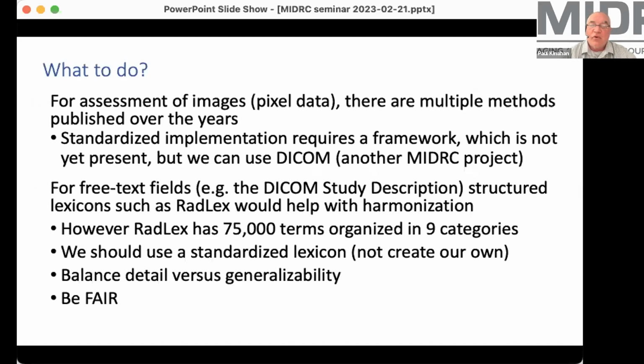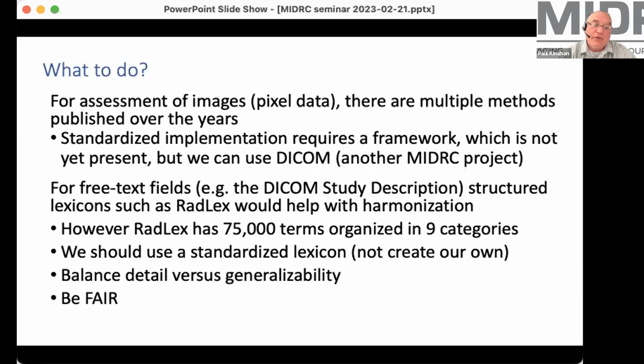So it would be great if we could have some sort of structured method, and I'll talk a little bit about RADLEX, developed by the Radiology Informatics Council within the RSNA. The challenge with RADLEX, although it is a well-structured lexicon, is that it has over 75,000 terms, and so it's not really well matched to the task at hand.